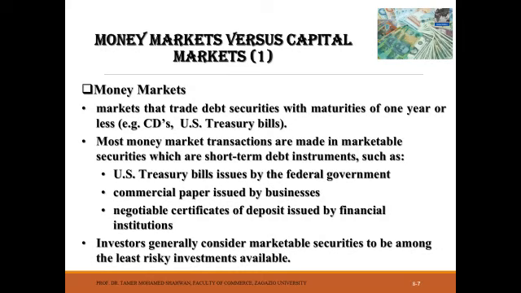If the security has a maturity less than 1 year, it will be traded on money market. It deals with securities with maturities of less than a year. Less than a year, it will be traded in money market.